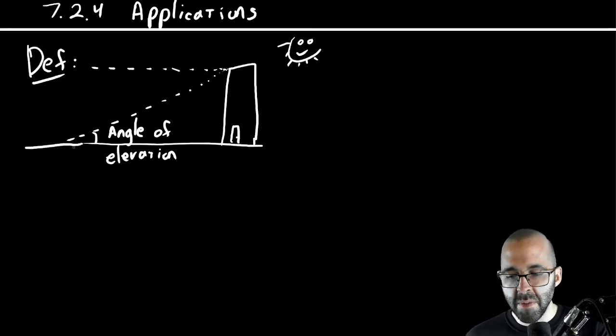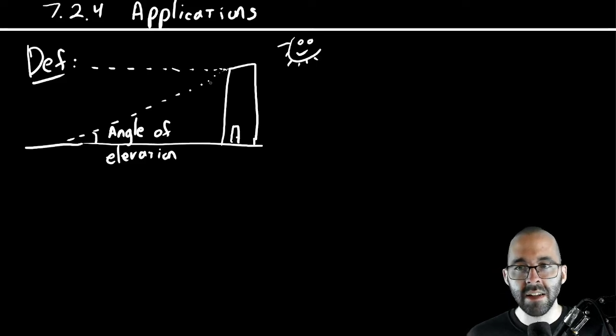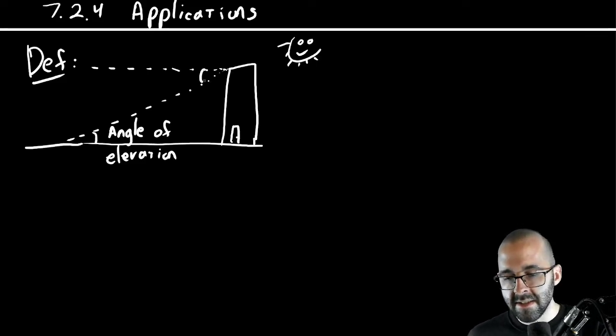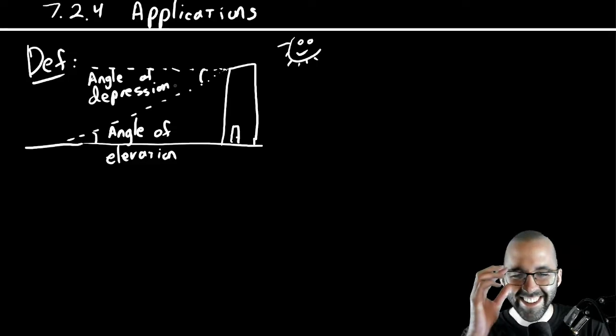The angle from the bottom looking up at something, angle of elevation. It's the same as this angle up here, which is the angle of depression. That might be an angle that most of us are more familiar with.